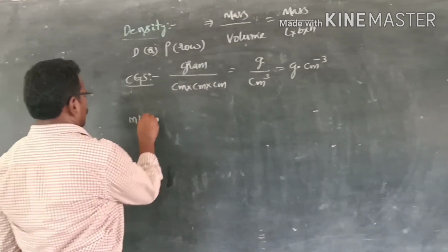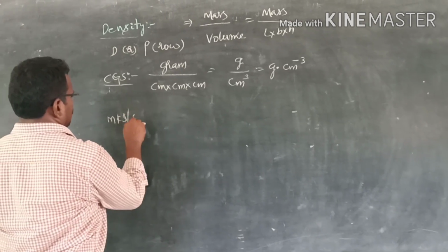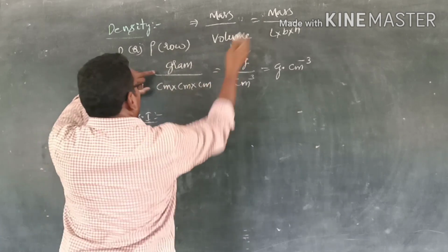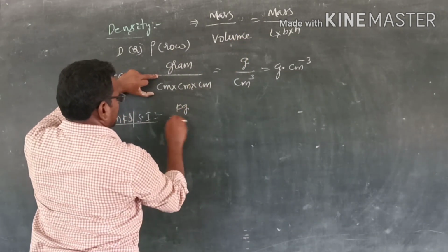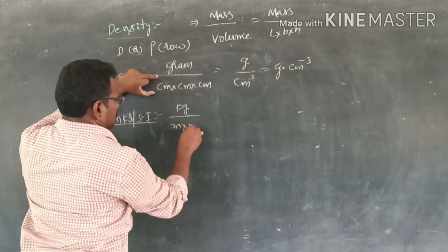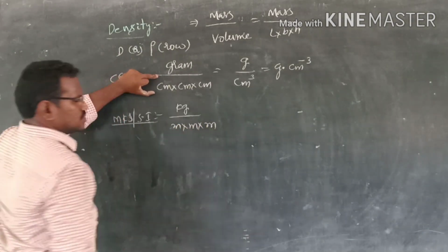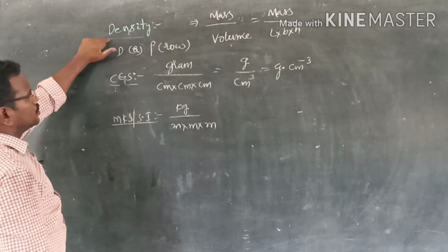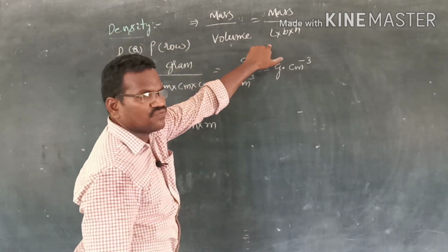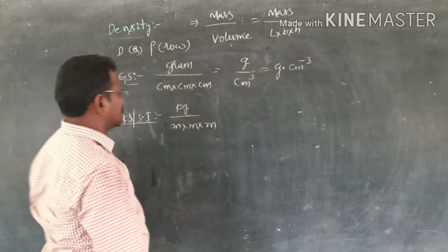Now we will move towards the MKS unit, otherwise the SI unit. Here the MKS unit of mass is kg, the MKS unit of length is meter, breadth is meter, height also meter. That means the units of a derived quantity depend on the units of fundamental physical quantities.